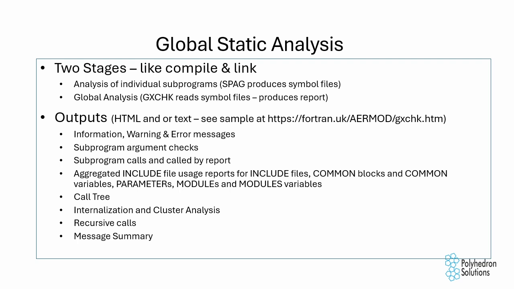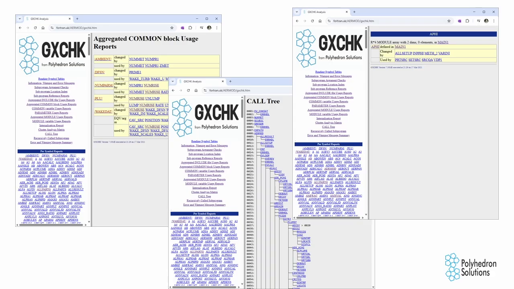There's also a call tree and some analysis reports which are helpful when modularizing your program. So these are some screenshots from the HTML report, but if you're interested, what you should do is find the example you can interact with on the fortran.uk website.